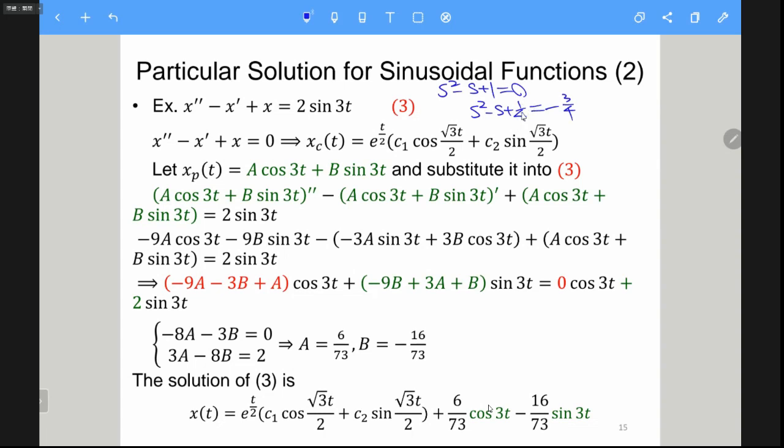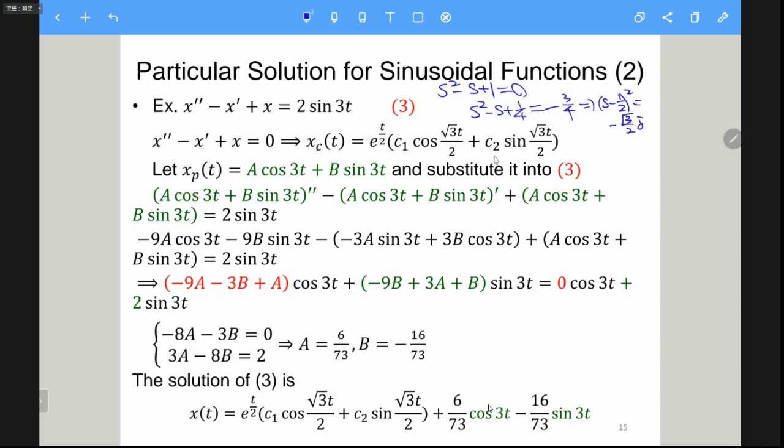So this is a complete square, so it becomes s minus 1/2 quantity squared equals negative 3/4, so s minus 1/2 equals plus or minus square root of 3 over 2 j.